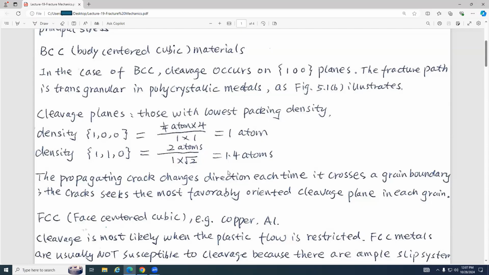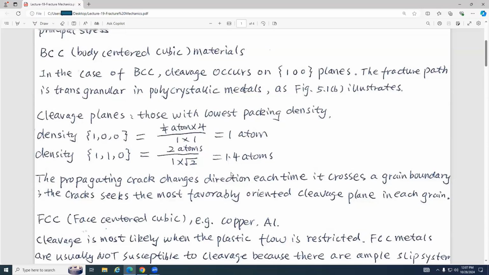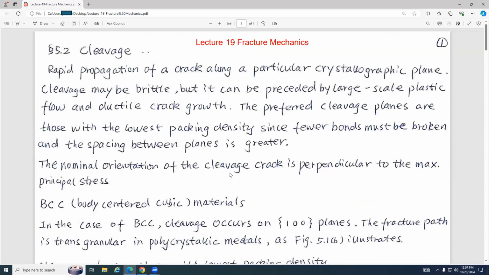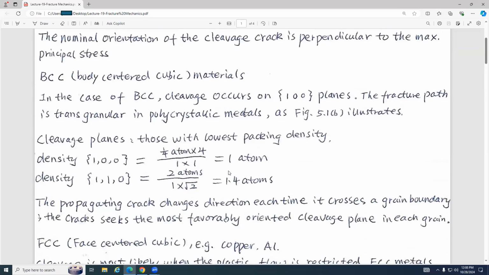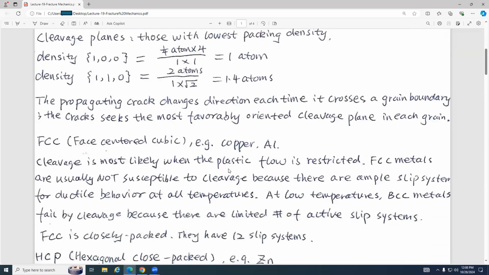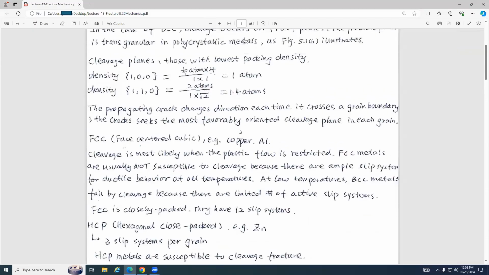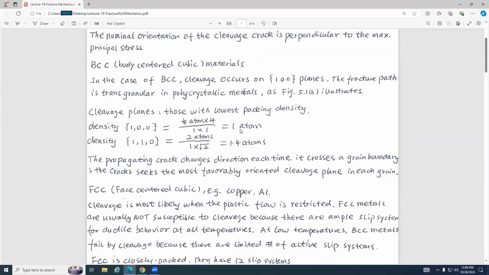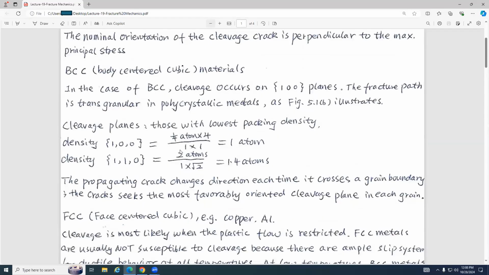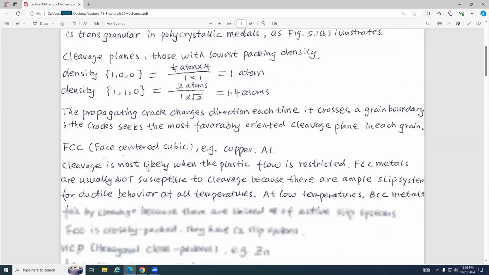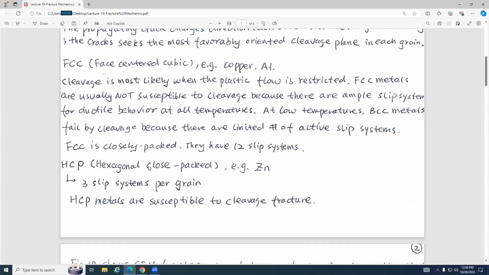Without further ado about the midterm and the quiz, we are going to continue our talk on cleavage. For cleavage, we have talked about three commonly used crystal structures: one is BCC, one is FCC, and one is HCP.